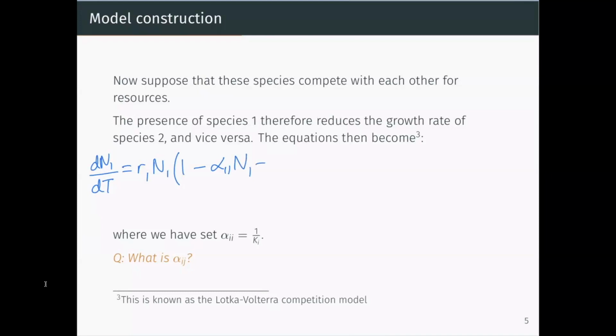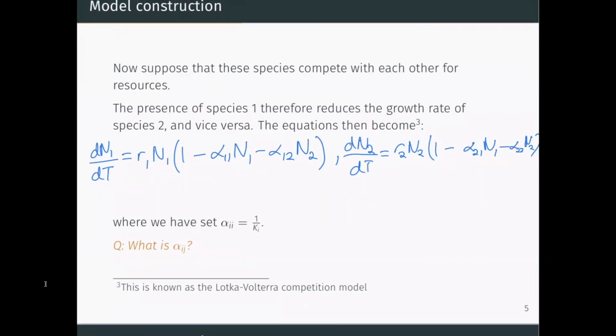And then I'll do a similar thing with my notation, thinking about species 2. We can write a similar equation down for our other species. So we're going to have R2 N2 times 1 minus the impact of species 1 on species 2, and likewise the impact of species 2 on species 2.